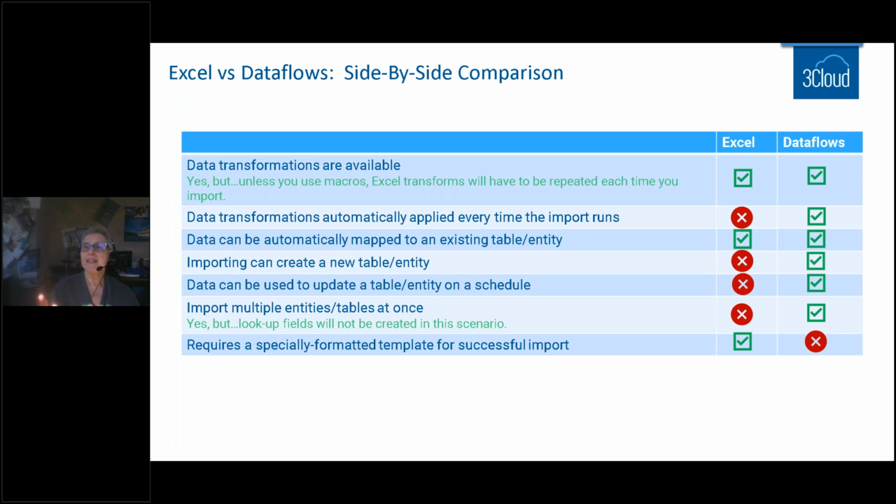In both cases, the Excel and the data flow, you can make changes to the data, but with Excel, you don't get any record of those changes. So what I always found myself teaching is to rename the file, give it a version name, and keep a stack of files, because this data import into a database is almost always iterative.